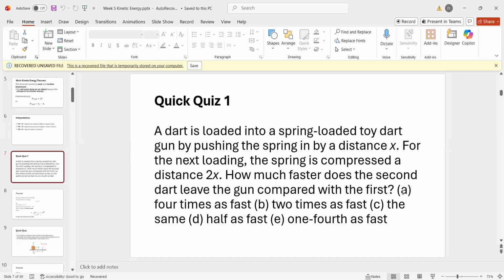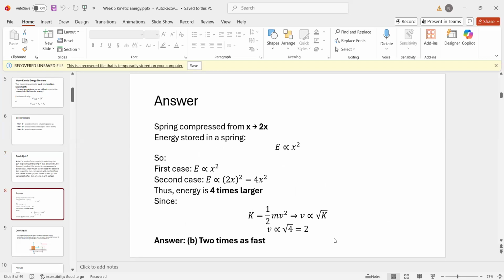The possible answers are: 4 times, 2 times, the same, half, 1/4. So we are trying to work it out together to see how we arrive at the answer.